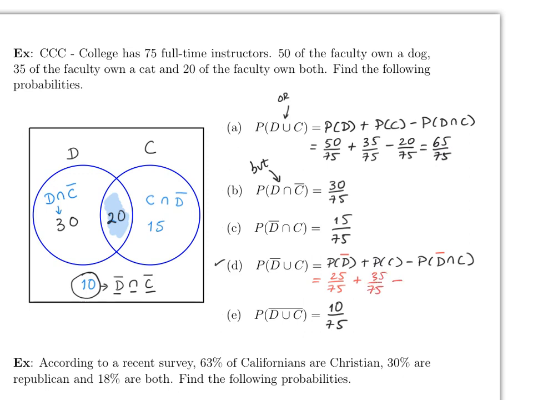And the last part is asking how many have a cat but do not have a dog, which is this value right here. That will be 15 over 75. If you add everything, you will end up with 45 over 75. And that's it.